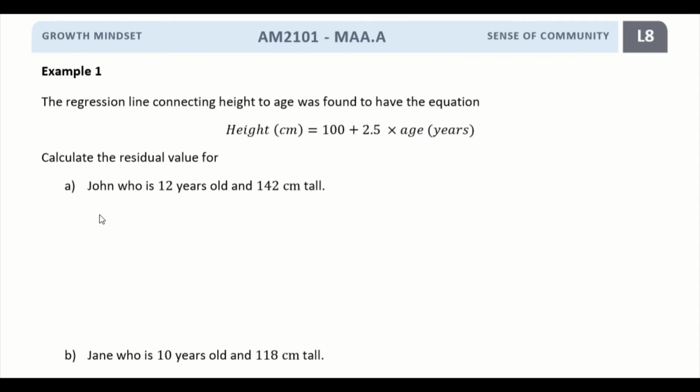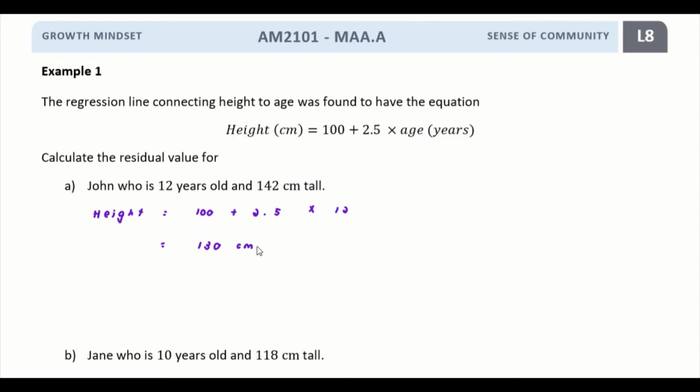So let's use the regression equation here. The height is equal to 100 plus 2.5, and the age is given as 12 years old, so multiply by 12. 12 multiplied by 2.5 gives us 30, and 30 plus 100 gives us 130 cm.